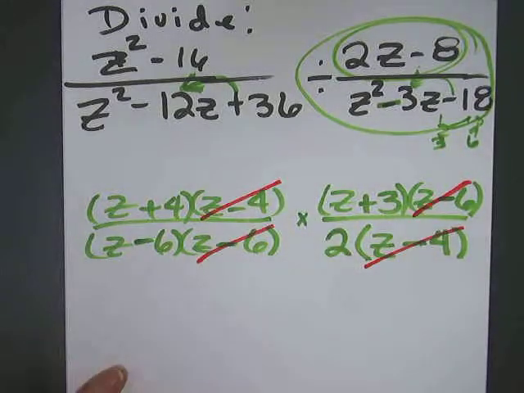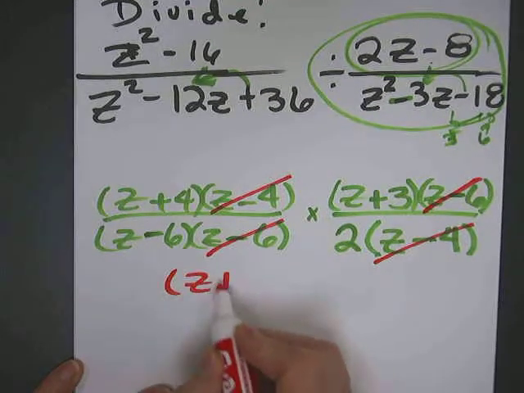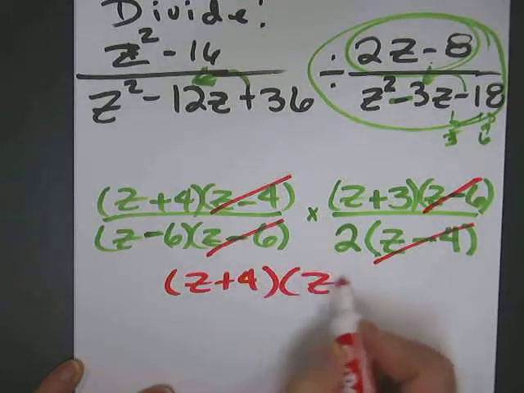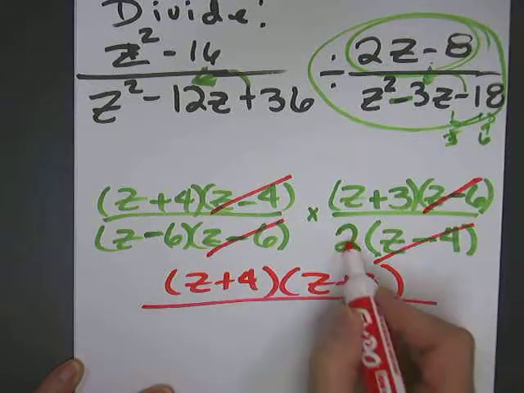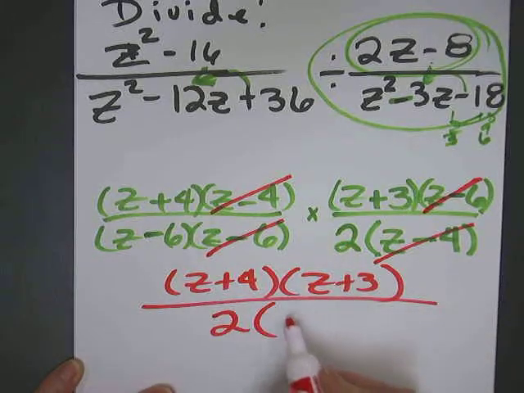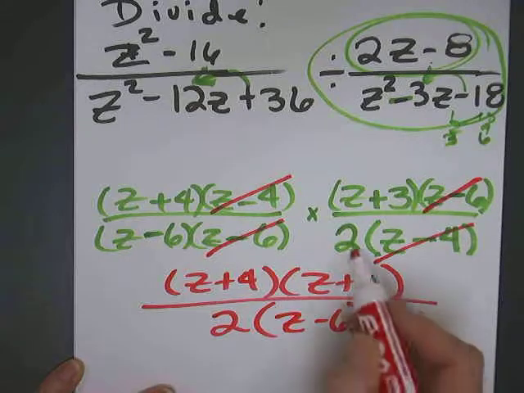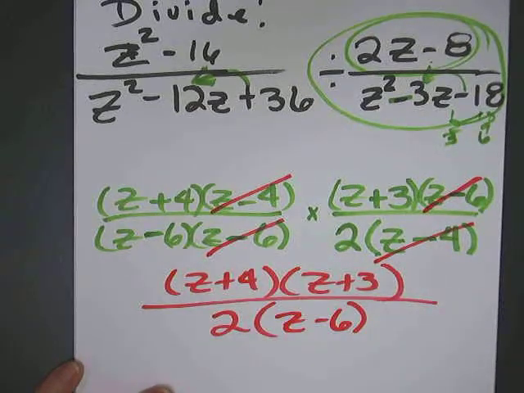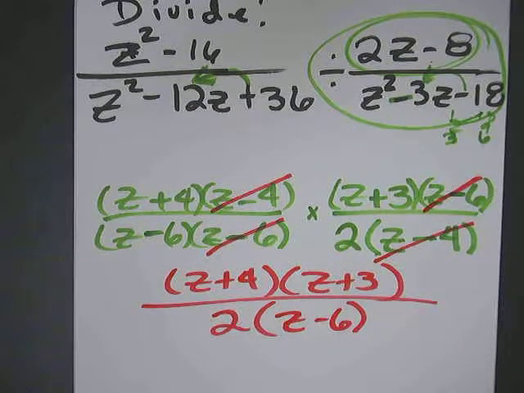Did you already know what it is? 4 and 9? 4 and 9 don't give, 4 and 9 give you 13. What'd you say it was? 6 and 6, yeah, Z minus 6, Z minus 6, right. 6 and 6, and they're both negatives.